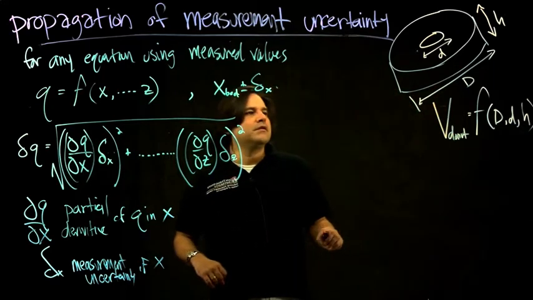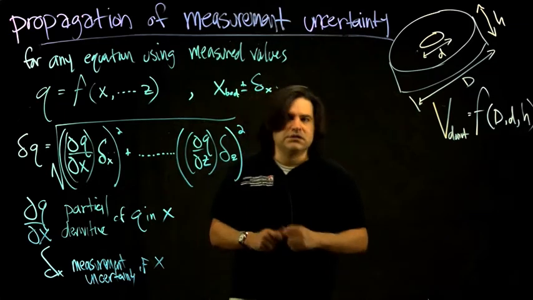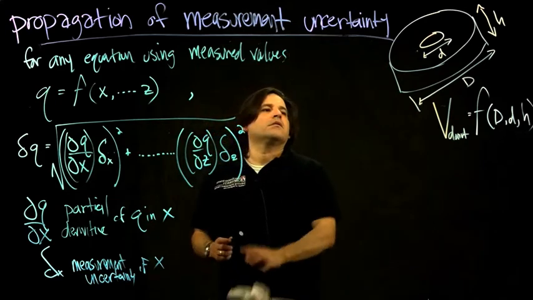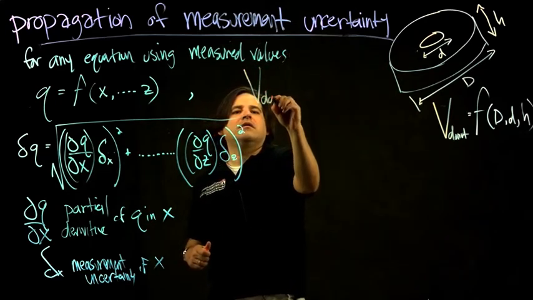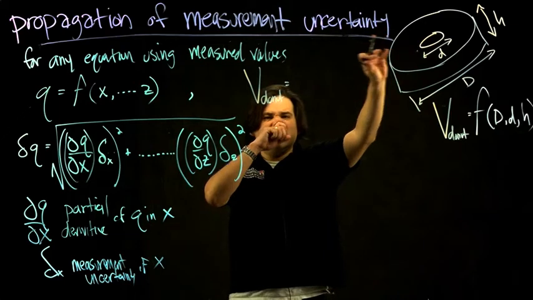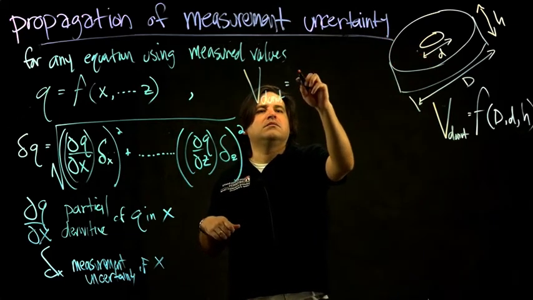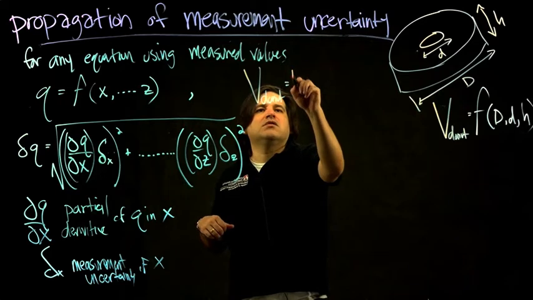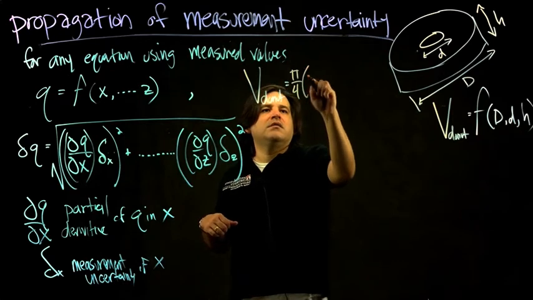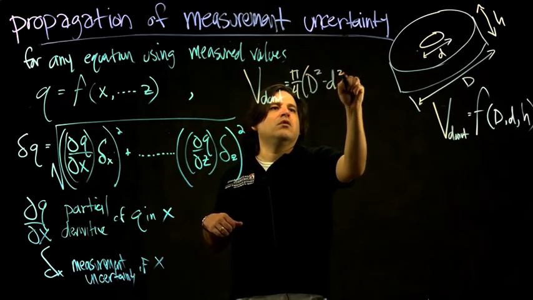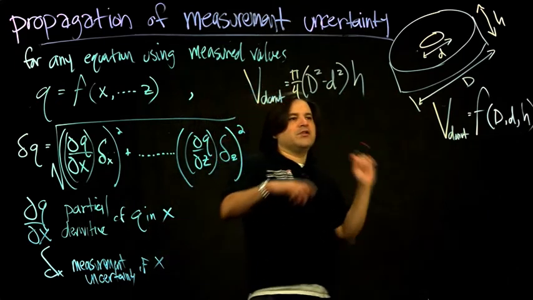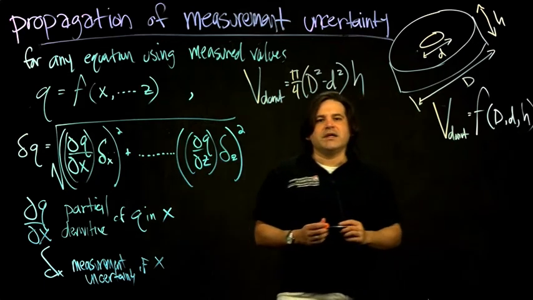So specifically, the model is the volume of the donut equals the area of this ring, which is the difference between those concentric circles. The area of the cross-section of a circle is pi over 4 d squared, but we're taking the difference of them because there's a hole. Then we multiply it by the height. So that's the volume of a donut based on the diameters and the height.